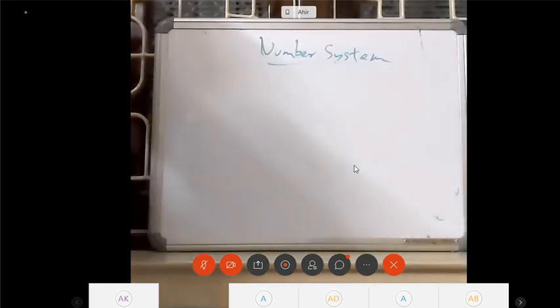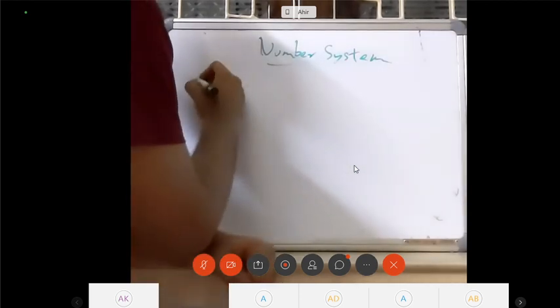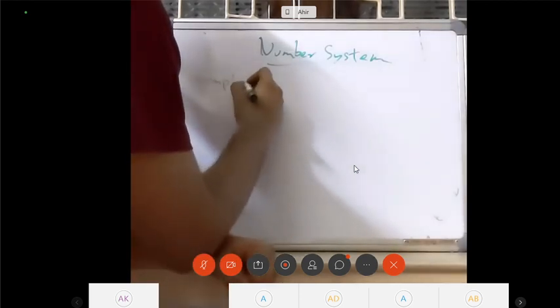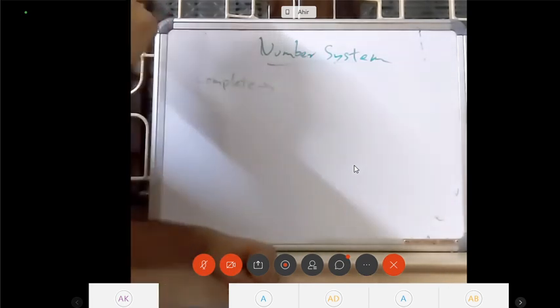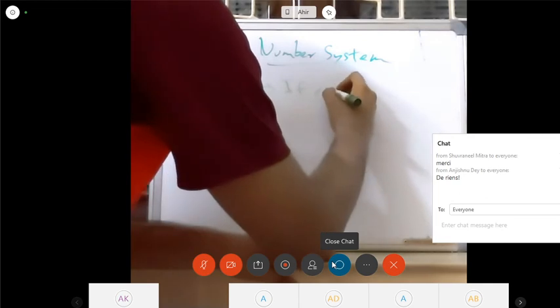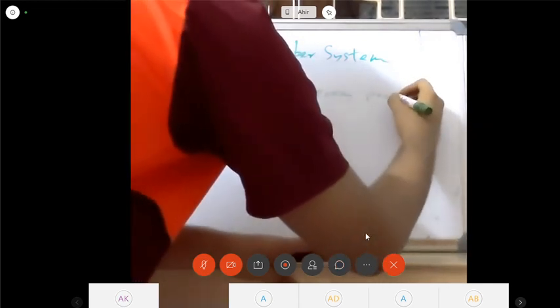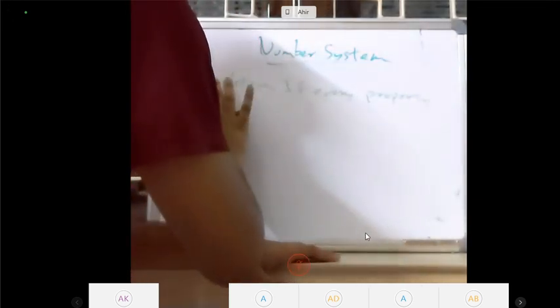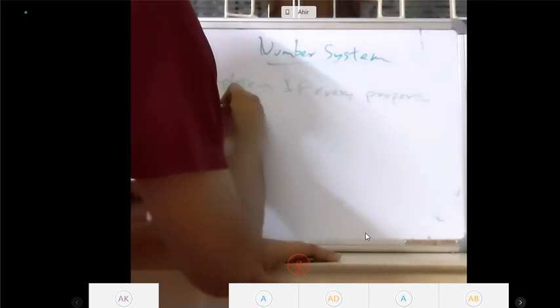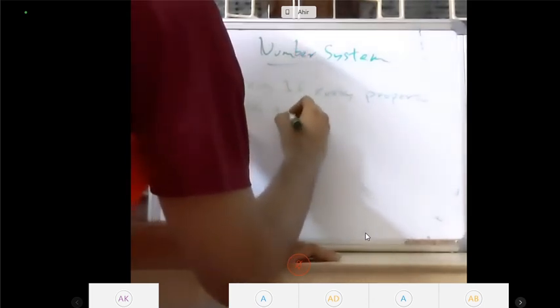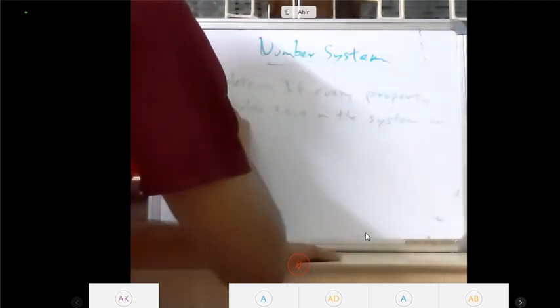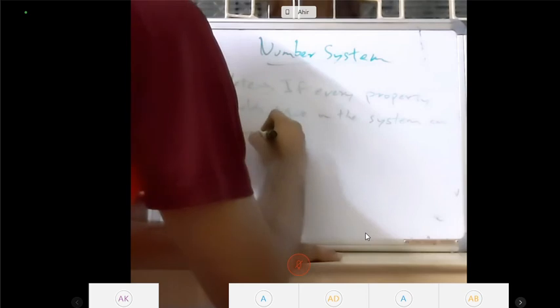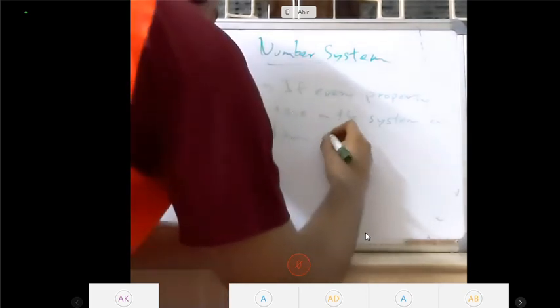Now, we say that a system is complete if every property which holds true in the system can be derived from its axioms.